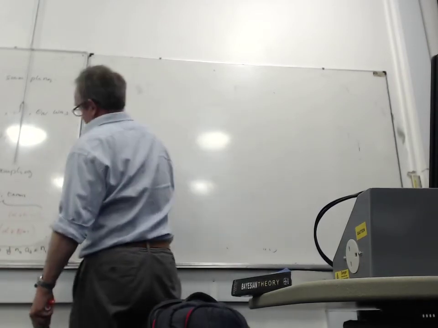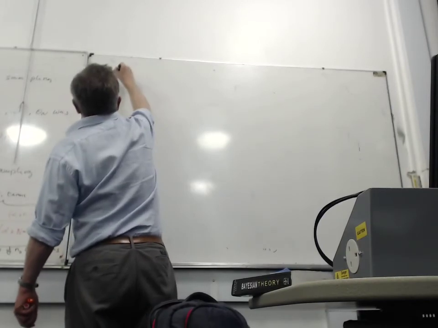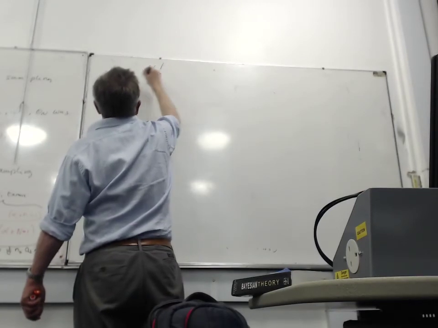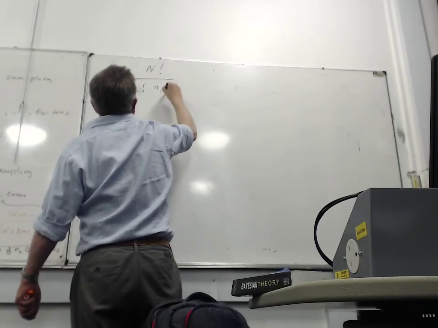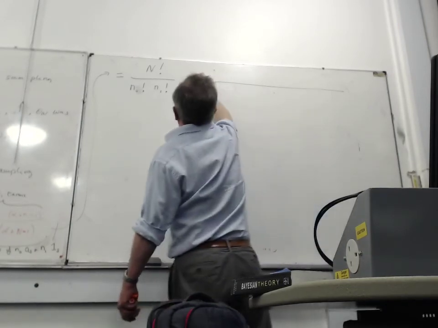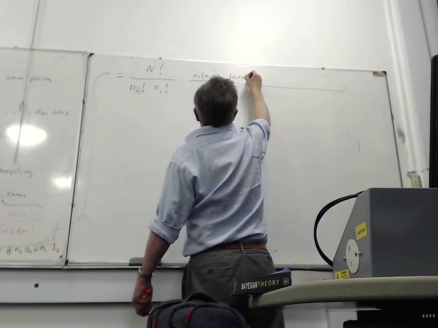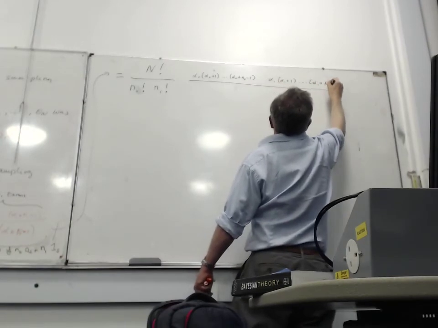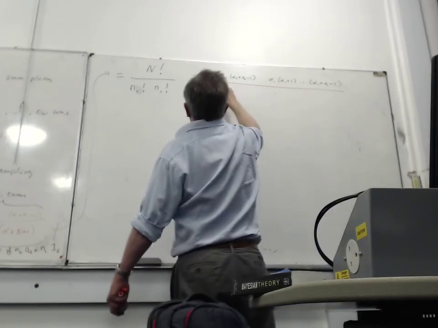So let's write this thing up here, equals, well, what is it? It's n factorial over n0 factorial n1 factorial, times this alpha naught plus 1 to alpha naught plus n0 minus 1, and 1 plus 1 to n1 plus 1, over alpha.